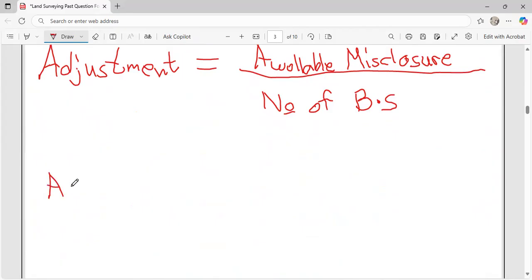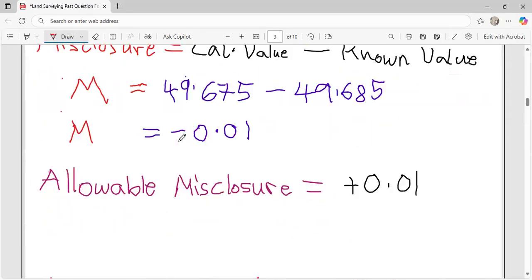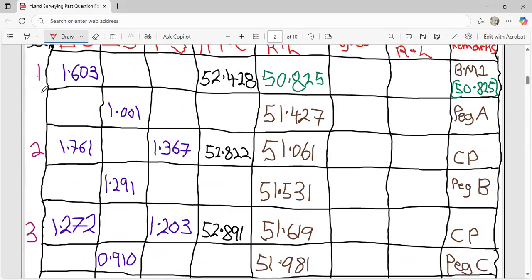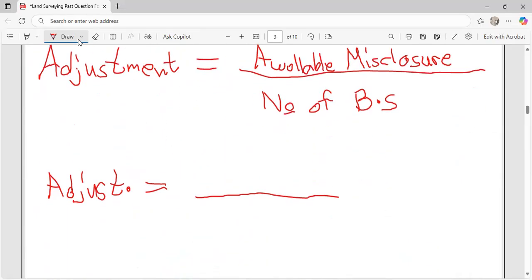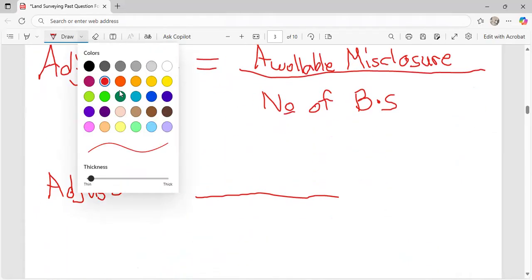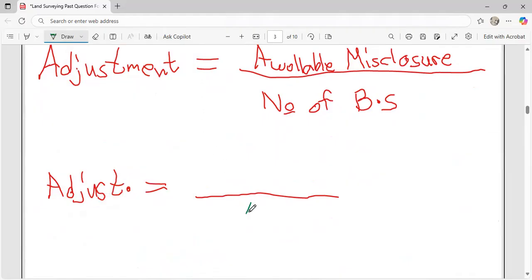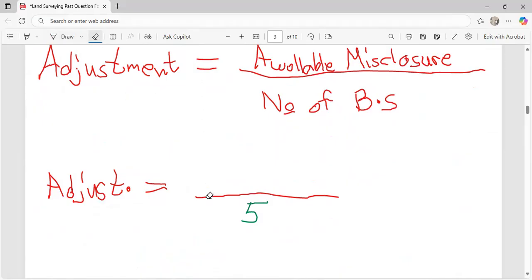So finally, we can say that our adjustment is equal to what? How many number of backsides do we have over here? 1, 2, 3, 4, 5. So we have 5 backsides.